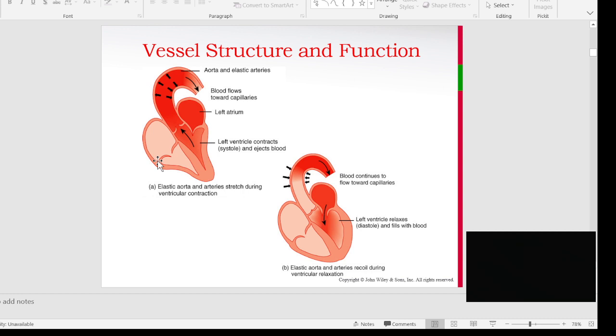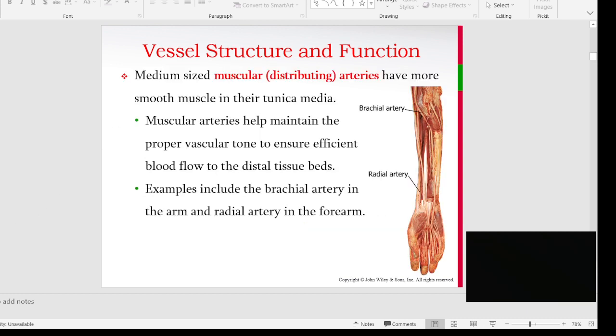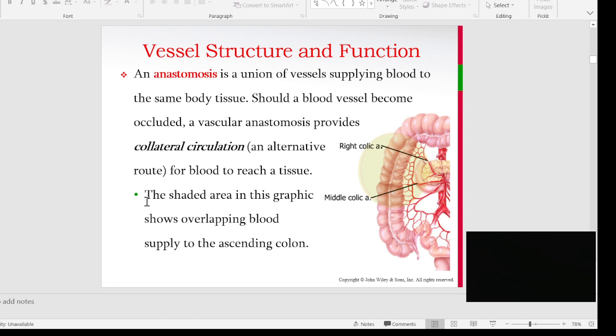It is very elastic, but at the same time your muscles are capable. So your arteries distribute blood all throughout the different parts of your body, and also the internal organs, distributing nutrients as well as the gases, especially the oxygen.